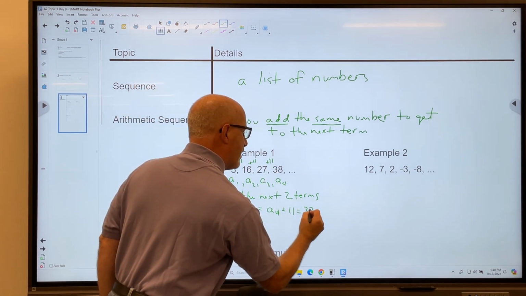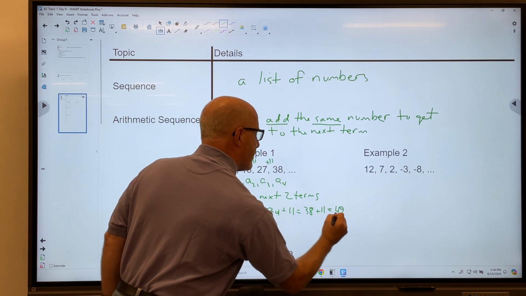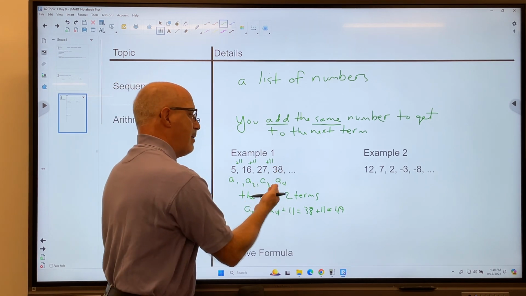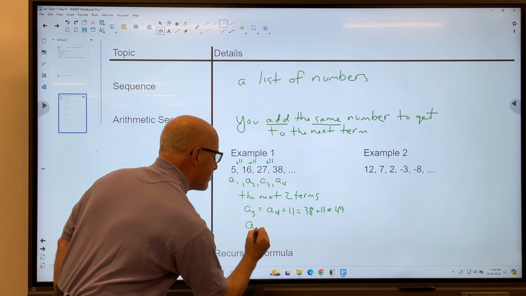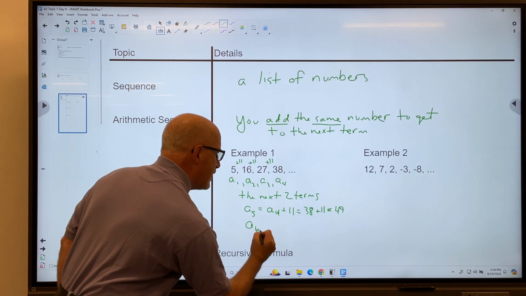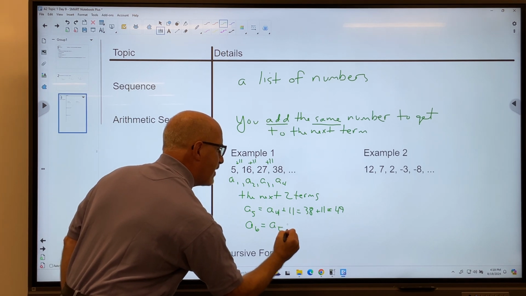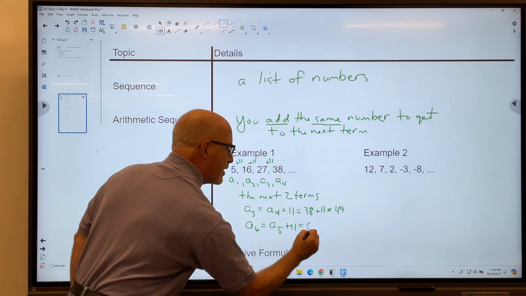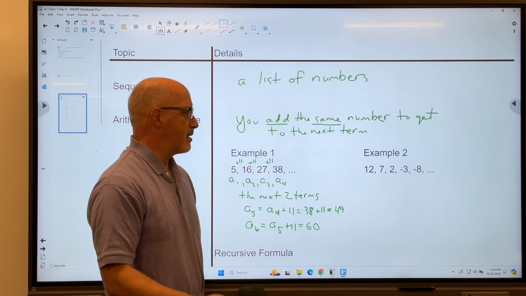You're just going to add 11 onto it, and you're going to get 49 for it. Now that's a lot of work. Really all you have to do is say that 38 plus 11 is 49. But this will help us understand some of the notation that I'm going to use. A sub 6 is a sub 5 plus 11, which if you take 49 plus 11, you get 60. So the next two terms in the sequence are 49 and 60.